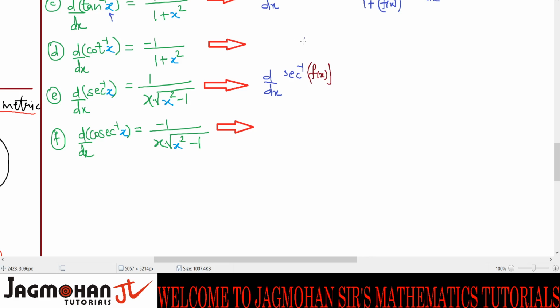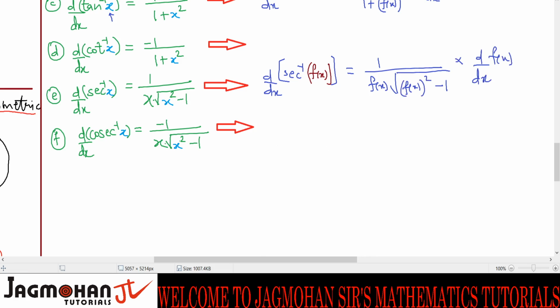Tell me what will this be? For that you first have to see what is d by dx of sec inverse x. It is 1 upon x root of x square minus 1. Here x is replaced by f of x. So it will be 1 upon f of x multiplied to square root of f of x square minus 1 into d by dx of f of x. You will do it for cosec inverse x.